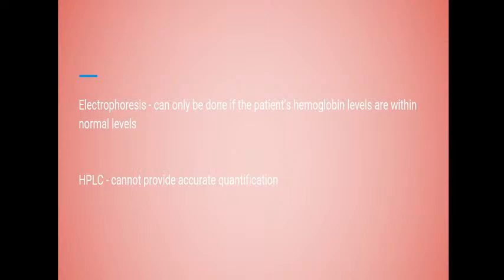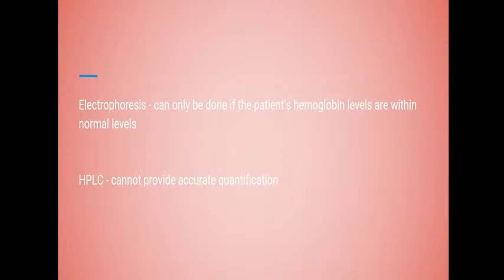Okay, so this is what we call acquired chimerism. And for high-performance liquid chromatography, because we don't run it on a densitometer, it is much less accurate in terms of quantification. That's why in some hospitals they opt for both.